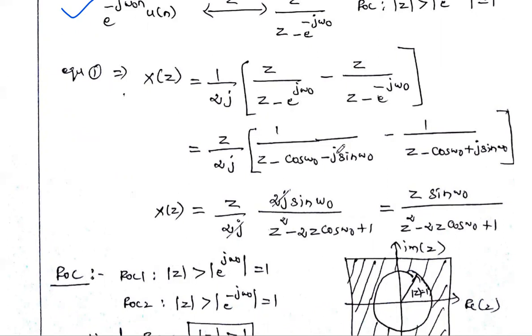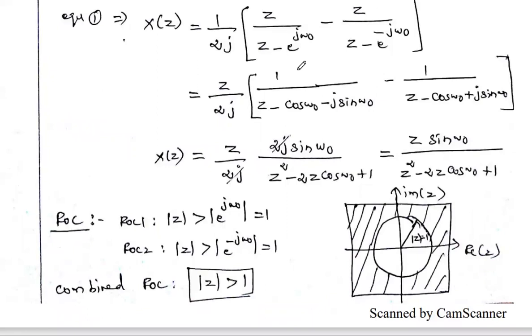Similarly, e power minus j theta is cos theta minus j sin theta. Then you take the LCM, and we get Z by 2j into 2j sin omega naught divided by the same thing. Here the 2j cancels. So finally we get the answer Z sin omega naught by Z squared minus 2Z cos omega naught plus 1.